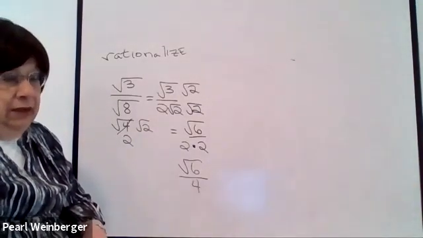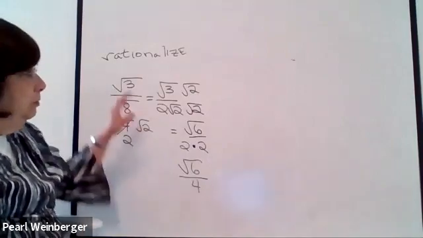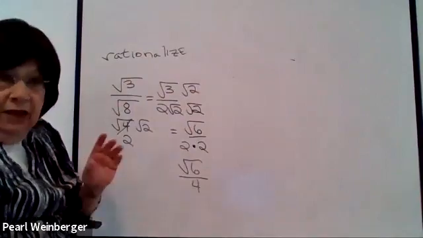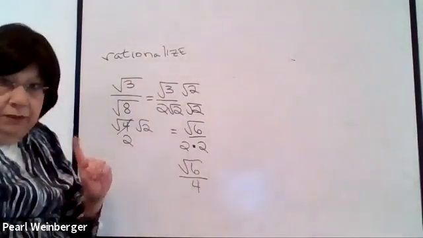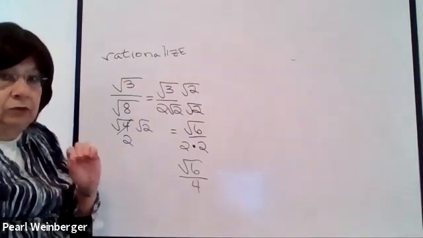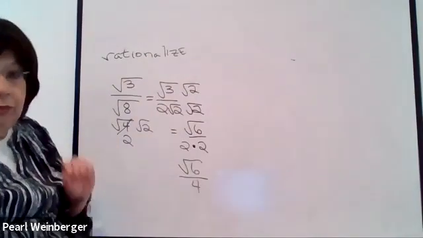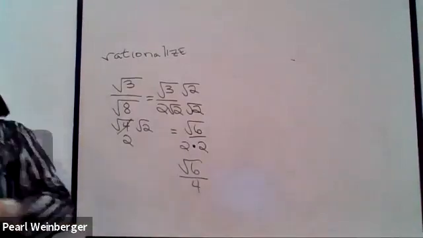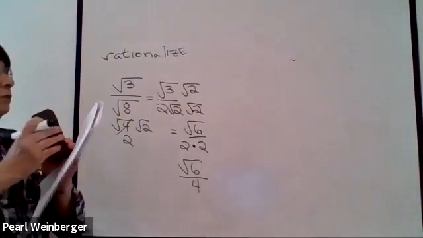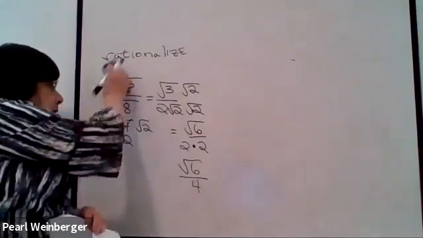All right, now I said we've just been dealing with fractions that have a single term in the denominator. Now let's see what happens when we have a binomial in the denominator. Let's say I had something that looks like this. Can I erase this?